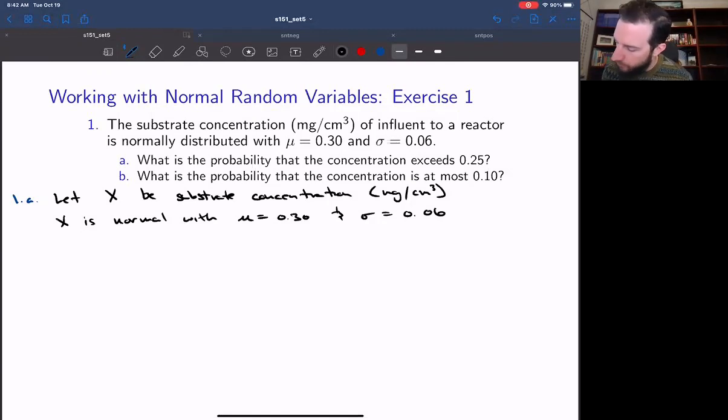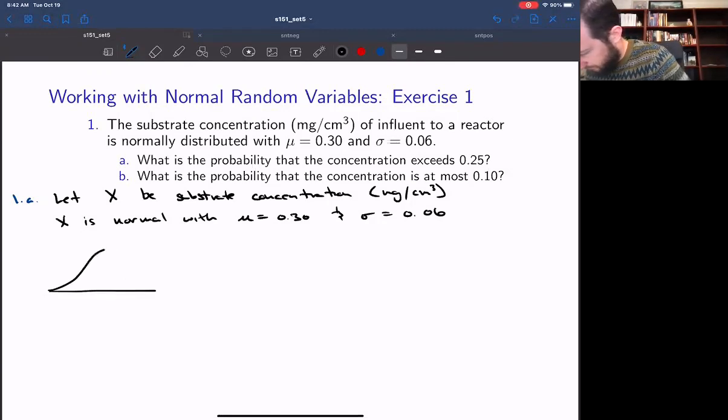Okay, so here's our normal curve centered at 0.3. We want to know the probability we exceed 0.25. So now we can mark down, just sketch out where 0.25 is going to be.